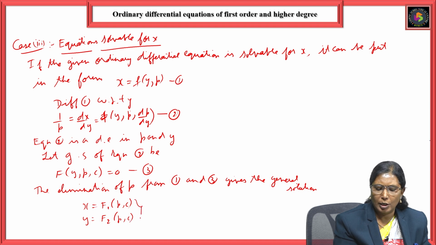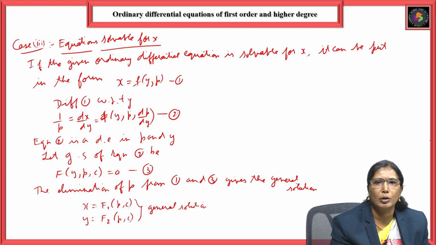These equations together give the general solution. This is called the parametric form.